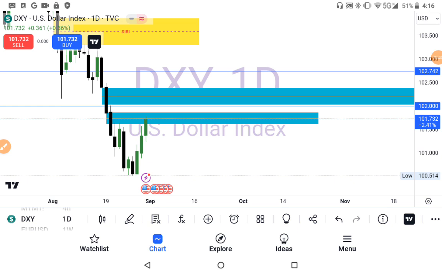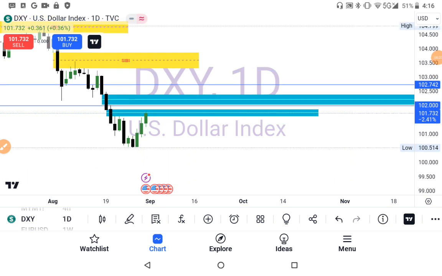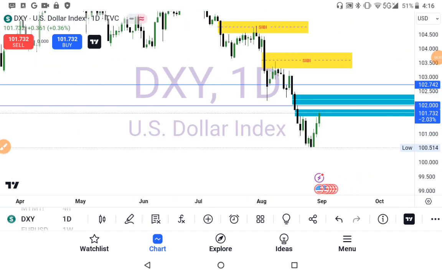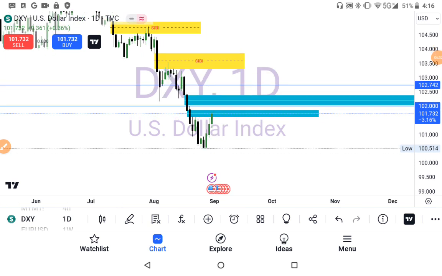I still have a kind of belief that September should be bullish, since we have been seeing that movement from the month of July. But I'm not fully in the trade until the price crosses a minimum of 102.500.